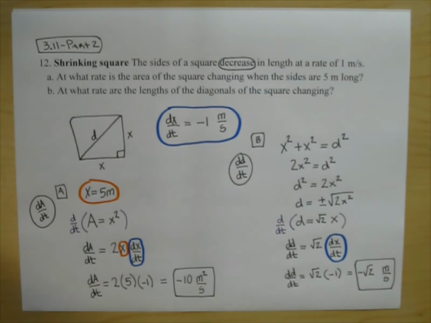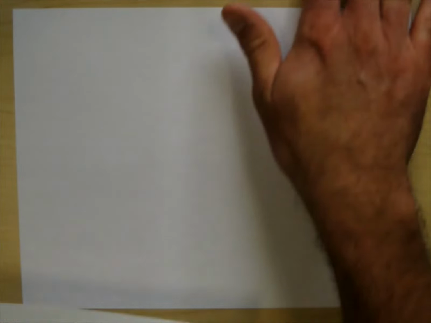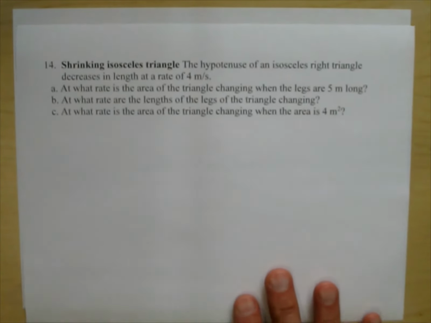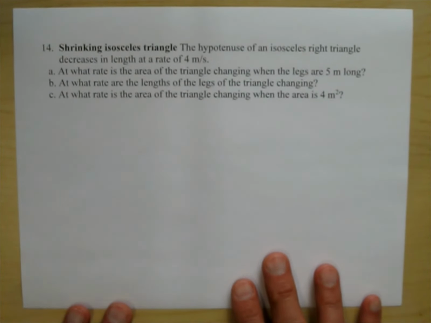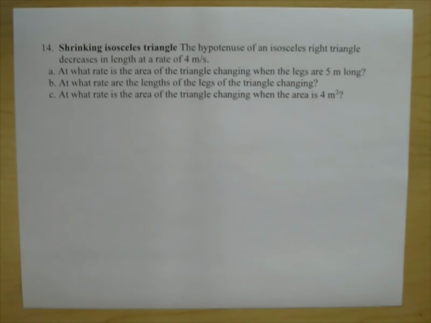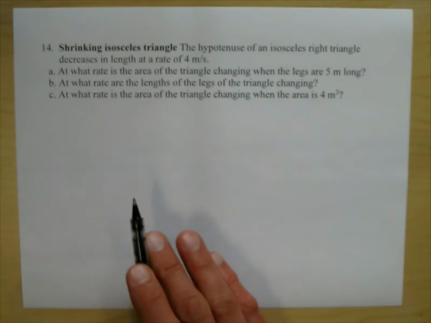The next one we're going to do is problem number 14, which is shrinking isosceles triangle. So let's take a look at that. Some of you may want to pause the video and see if you can do 14 on your own, but if not, it's no big deal. Let's go ahead and take a look at what we have here.